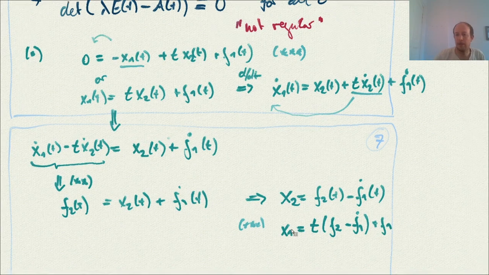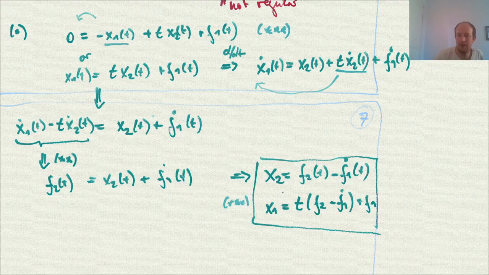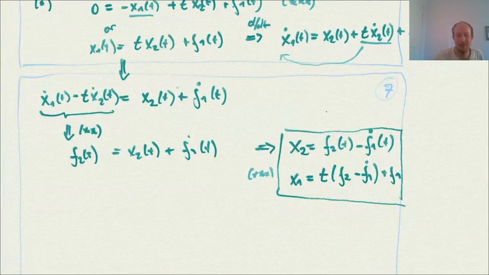Well, and that's now a very explicit form of the solution in terms of the right hand side. And when you have this explicitly, then it's unique. So you have a right hand side, f1 and f2, and that defines your x1 and x2. So no other chance for another solution.